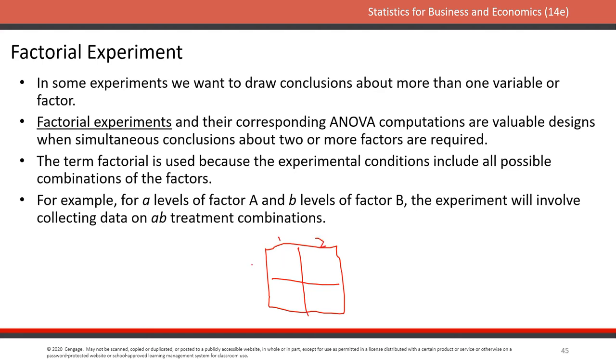We'll call this factor A with two levels and factor B with two levels. And then I might have 1, 2, 3, 4, 5 individuals in each grouping. So we're only going to talk about a balanced design. That is, each cell or each combination of factors has the same number of individuals in there.